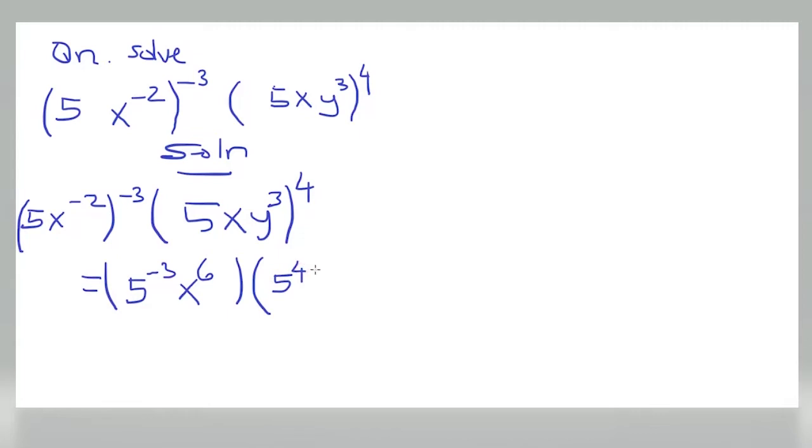Then x also inherits 4, so it's going to have x power 4. And the y power 3 inherits 4, so it will be equal to y power 3 times 4, which is 12. Okay, now by opening the bracket, I'm just going to combine the common terms.